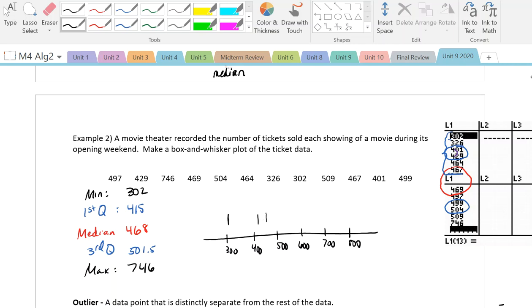So I'm just doing these lines, and then I'll make the whole box and whisker out of this. And 746. So here's my box, made of these quartiles, and then my 2 sets of whiskers, all the way to the minimum and to the maximum. Okay.